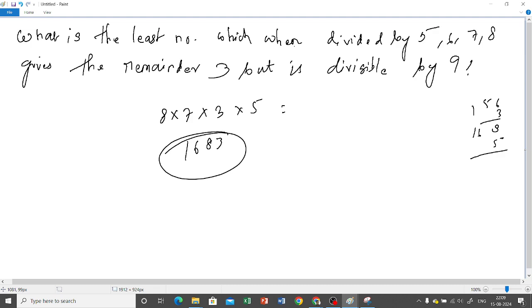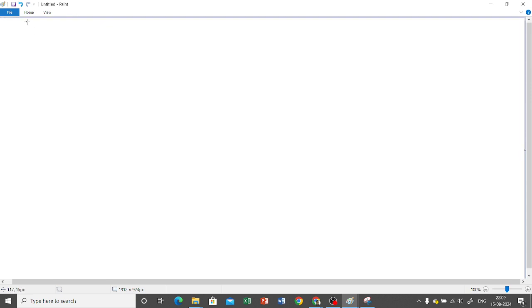Okay, please do this last sum. Two numbers are in the ratio 3:4.